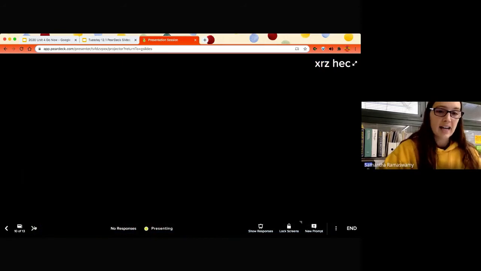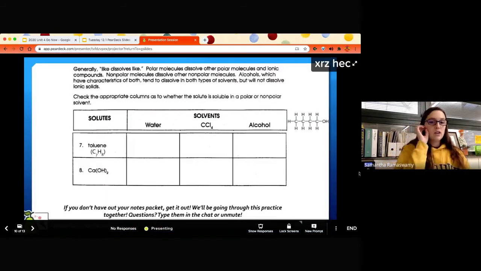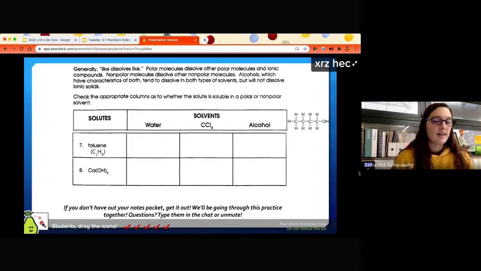And then the last two, we're going to look at toluene, which is C7H8, and calcium hydroxide. So again, you want to think about the solute. Is the solute polar, nonpolar, or ionic? And then based on the solute, how would it dissolve?